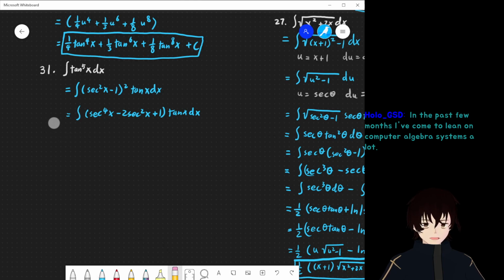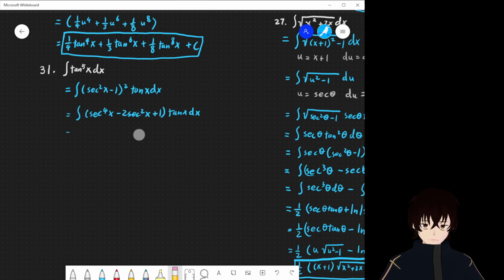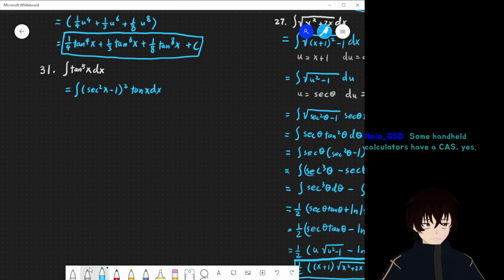Let me actually, I think I have an idea to try out. We start from here. What if we do the same thing we do with secant and we just say u is equal to secant x.